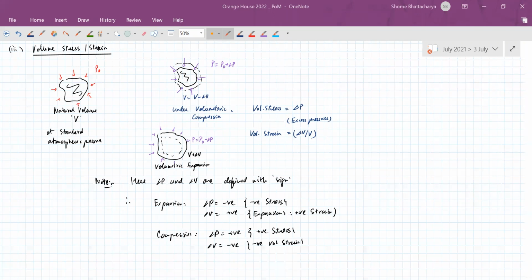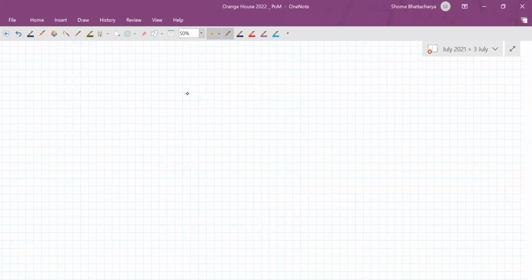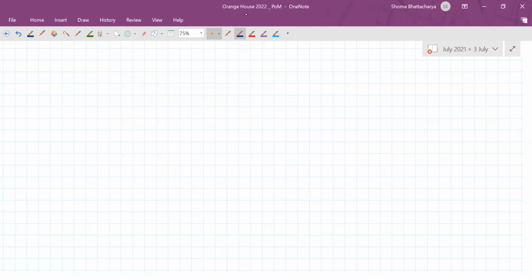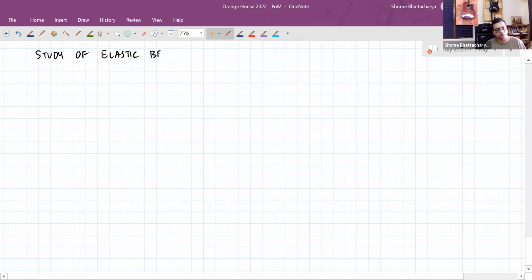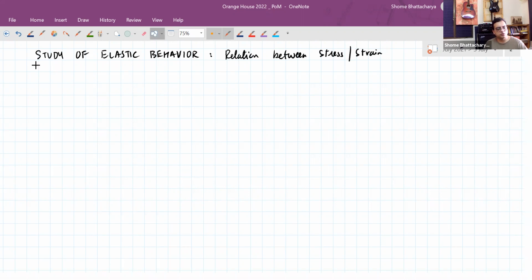Okay, so next, what we'll understand is the relationship between stress and strain. So, the study of elastic behavior, and also related to this is something called Hooke's law.